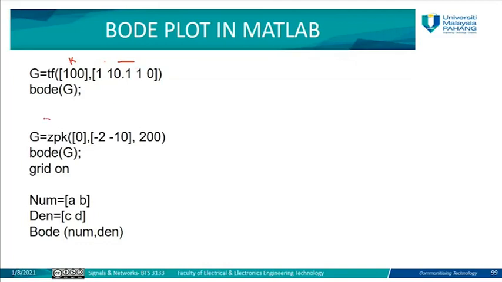Or the most common one, this way, you use ZPK. So it's like a representation for the zero, the pole and the gain. So in the first one, it is the zero. In the second one, it is the pole, and in the third one, it is the gain. Then you write bode for G, then it will give you the Bode plot for this transfer function.